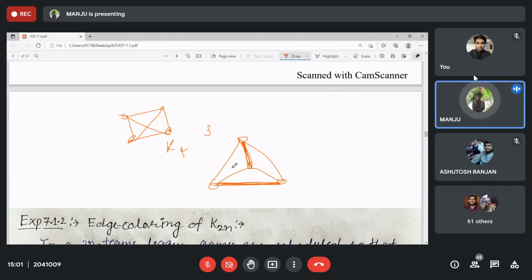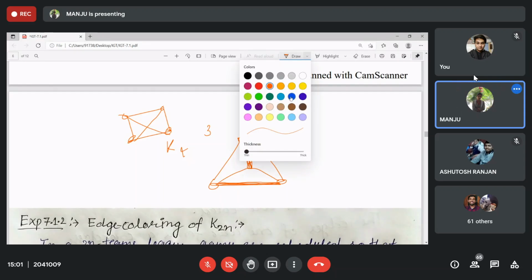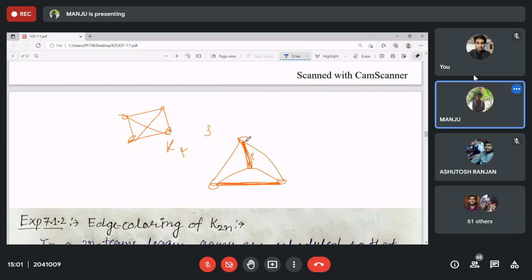Then the last edge, which is adjacent to these, cannot be colored by this color. Then the next color, you can take blue. Then skip this one. What else? This edge no, this edge no. You cannot. Third.